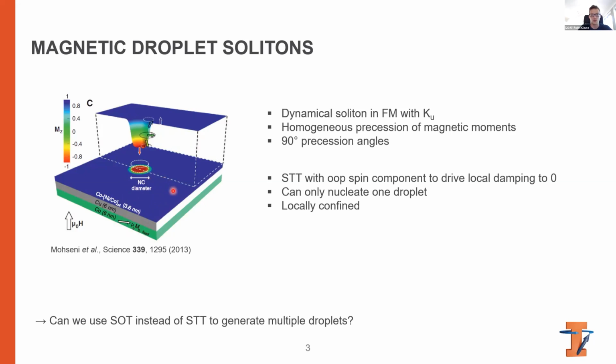But with this geometry, you can only nucleate one droplet at a time, and the droplet is locally confined to that nanocontact region because that's the only region where the spins are injected into the free layer. So what we want to investigate is whether we can use spin orbit torques instead of spin transfer torques to generate multiple magnetic droplets instead of just one.